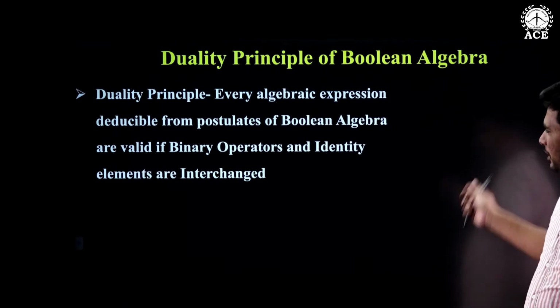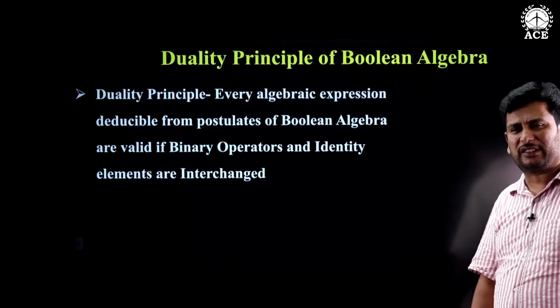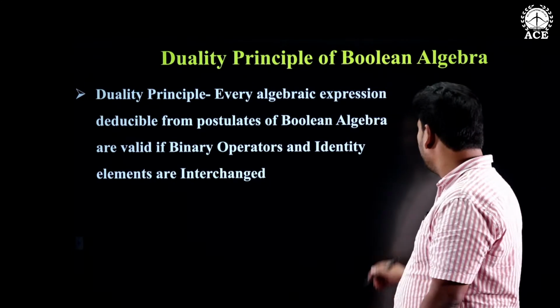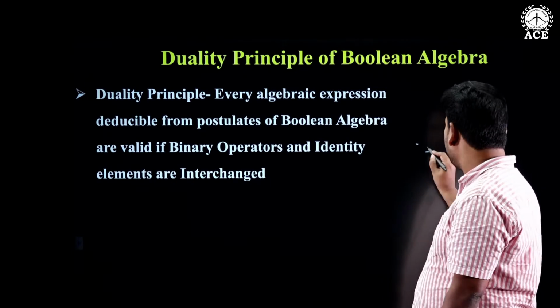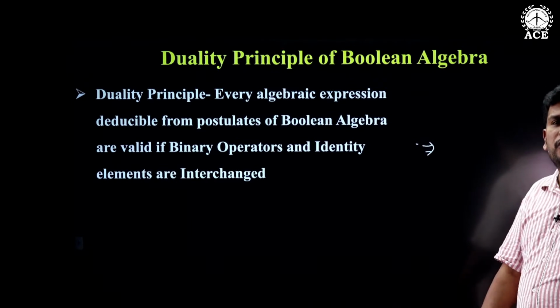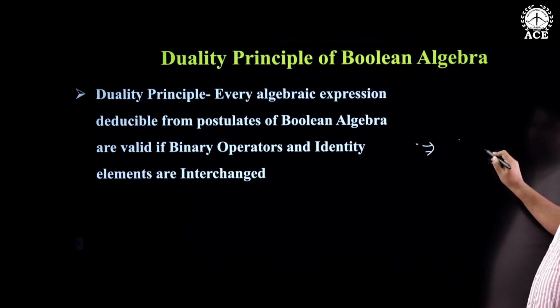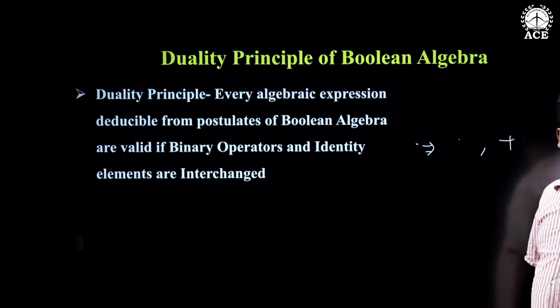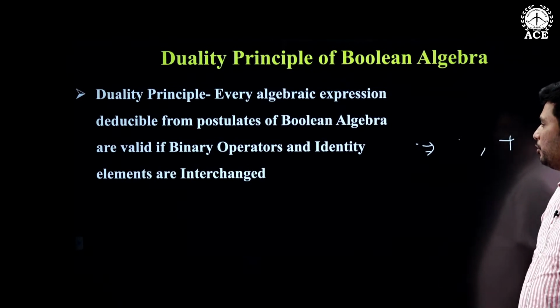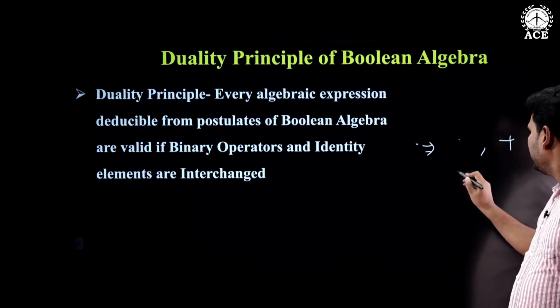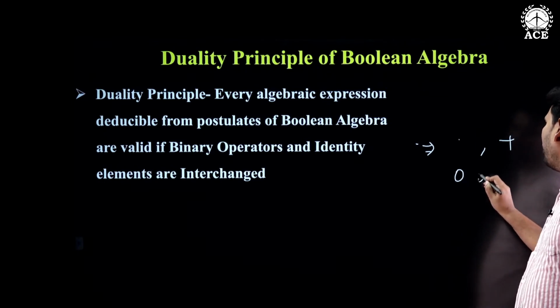So every algebraic expression postulates binary operators. Let me make it simple here. You have your binary operators AND, comma, OR. And next, your identity elements are 0 and 1.